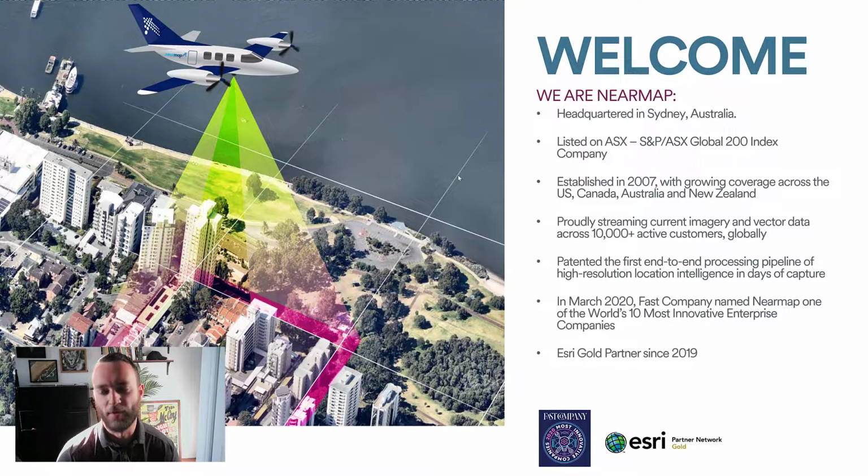And then we also take these source photos, stitch them together, and through the process of photogrammetry, we create a suite of 3D products that include things like point cloud, reality mesh, digital terrain models, and things like this.